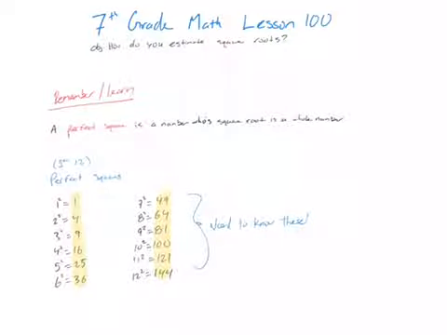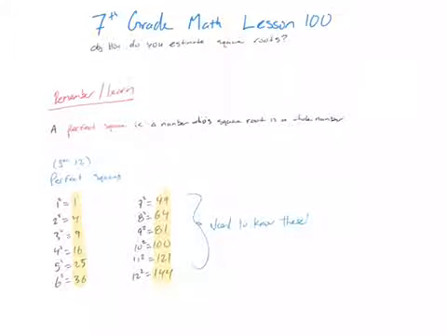Now this is not all of them, but this is the first 12 of them. Notice that if you were to take the square root of 1, you just get back 1. Or the square root of 4, meaning what times itself gives you 4, well 2 times itself gives you 4. The square root of 9 would give you 3, the square root of 16 would give you 4, etc.